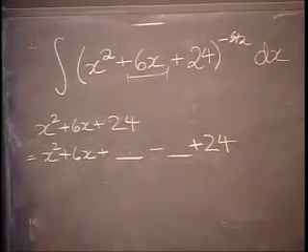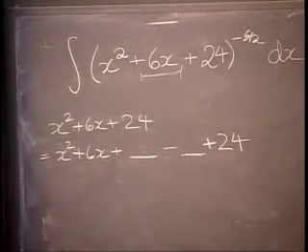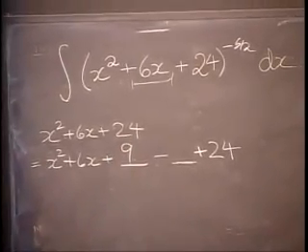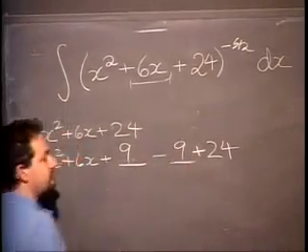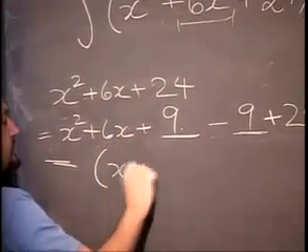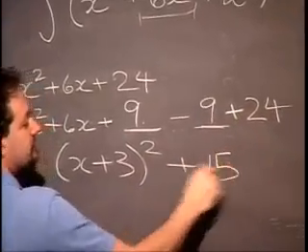Well, you divide the 6 by 2, and you get 3, and you square that. So the nice thing to put in is 9. Of course, you can't just add 9. You have to subtract it again. And then this becomes x plus 3 all squared, and 24 minus 9 is 15.